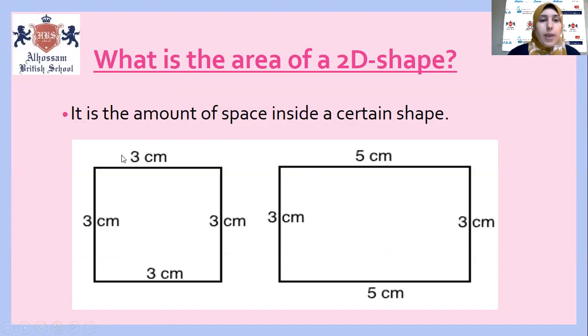For example, here we have 3 centimeter. So it will be 9 because 3 multiplied by 3. And then the centimeter will be centimeter squared. Okay, here the 3 and the 5 will be 15, and the unit will be centimeter squared.